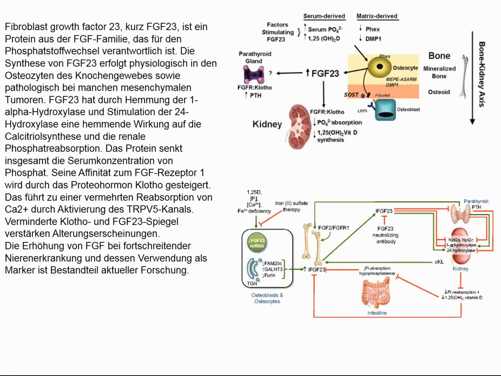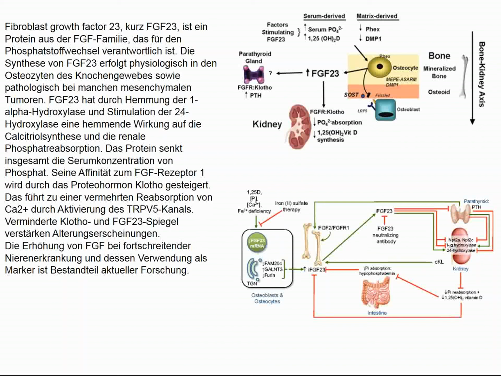So it blocks the phosphate reabsorptive mechanism in the proximal tubule, and it also blocks the synthesis of the active form of vitamin D, and it does these actions fairly effectively, so that in patients with decreased renal function, FGF23 levels rise, and eventually, irrespective of their levels, they cannot maintain serum phosphate within the normal range.